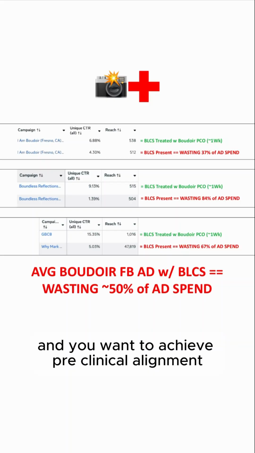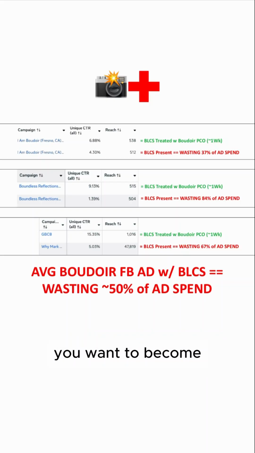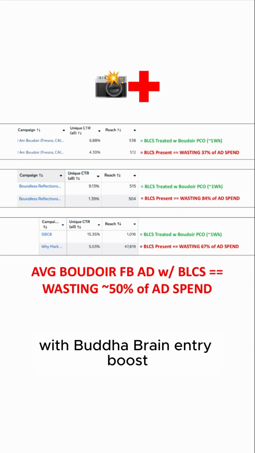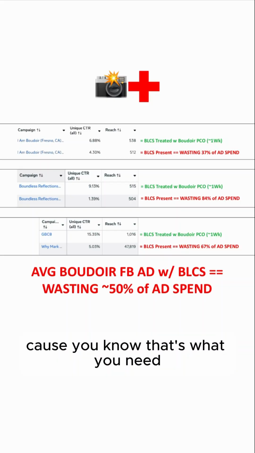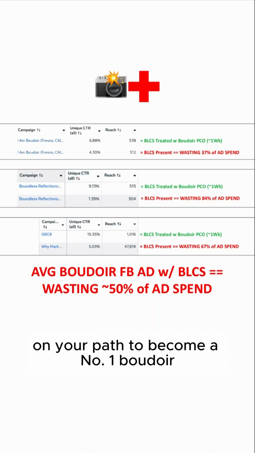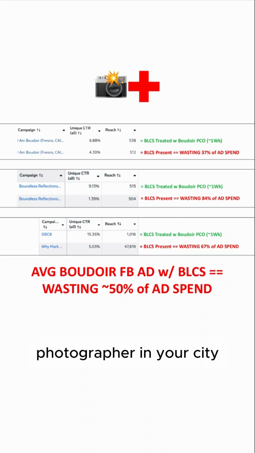And you want to achieve pre-click alignment. You want to become a dominant Boudoir advertiser with Boudoir Brain Entry Boost, because that's what you need on your path to become a number one Boudoir photographer in your city.